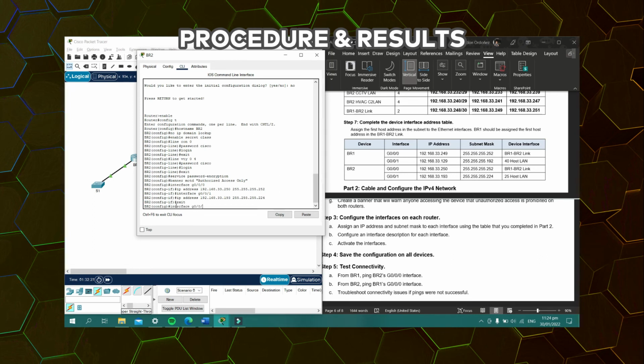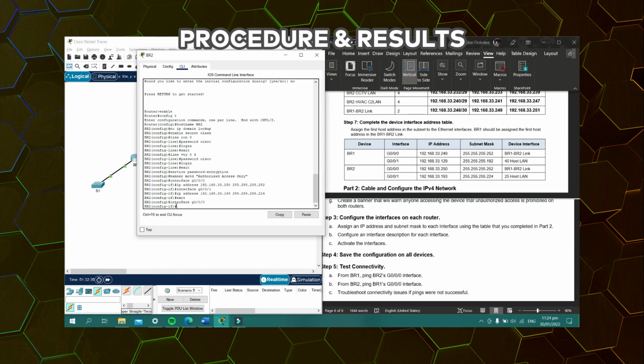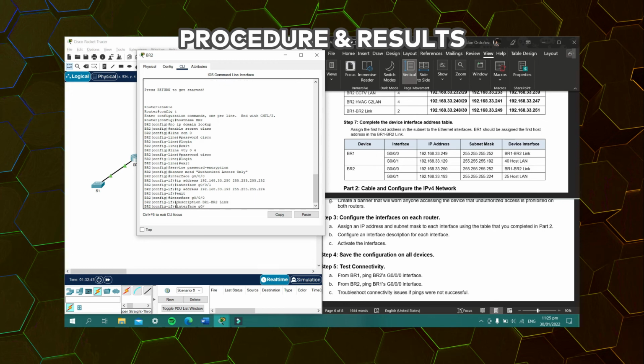Interface G0/0/1: Connected to S2, since BR2 is connected to the switch.